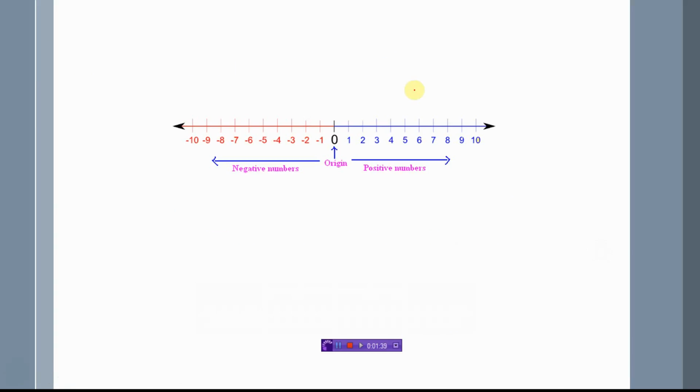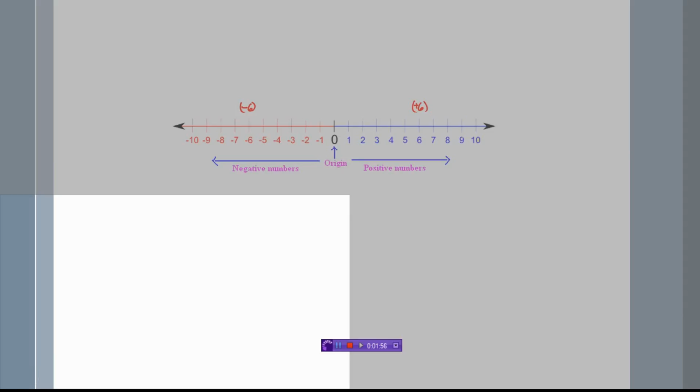So here is our number line again. Let me put in positive 6, and I'm emphasizing positive, and negative 6 is here.